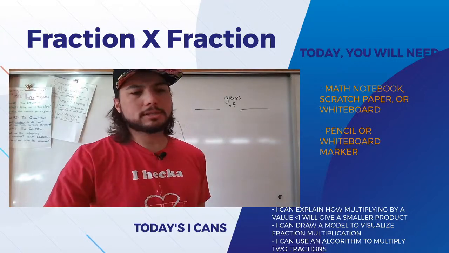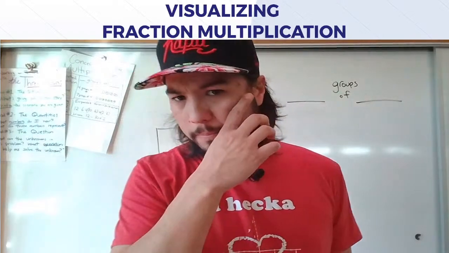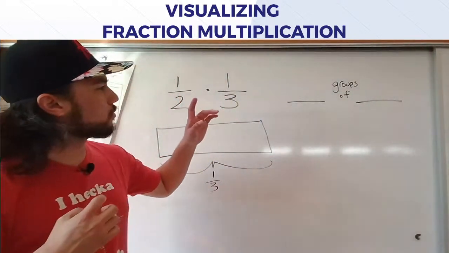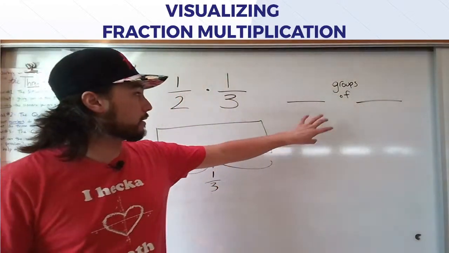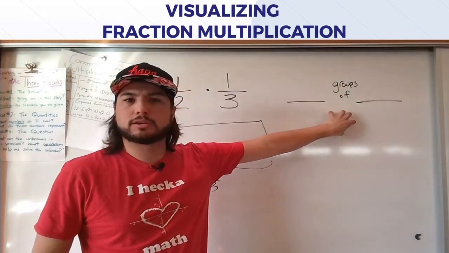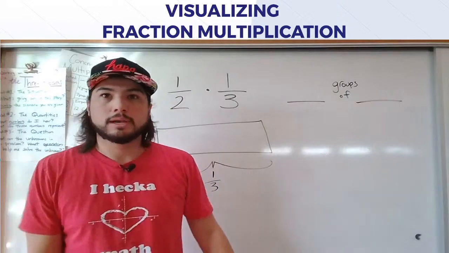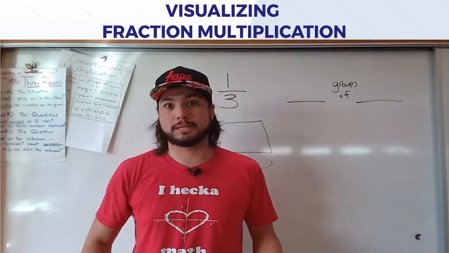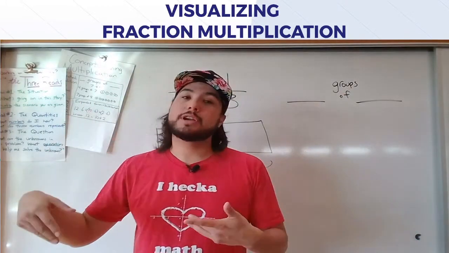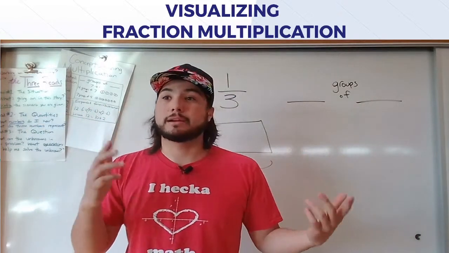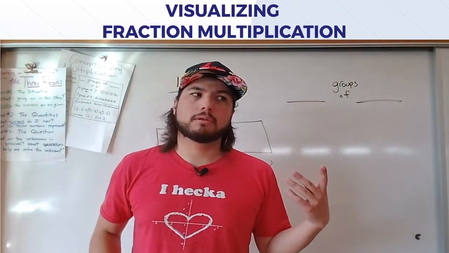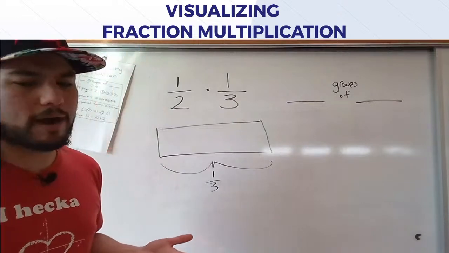Okay, so let's start with the visual. As a general reminder, when we're thinking about multiplication, we're thinking of blank groups of blank, right? 6 groups of 4 would be 6 times 4. 3 groups of 2 would be 3 times 2. So it's not any different when you're multiplying fractions.